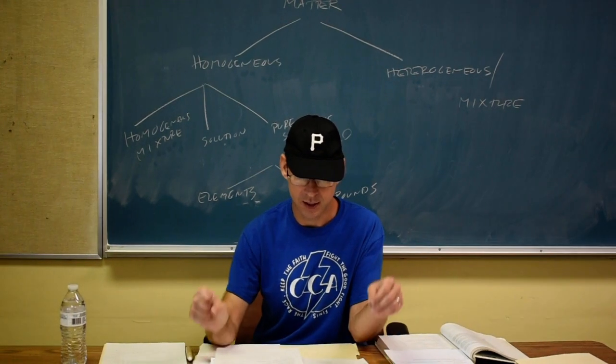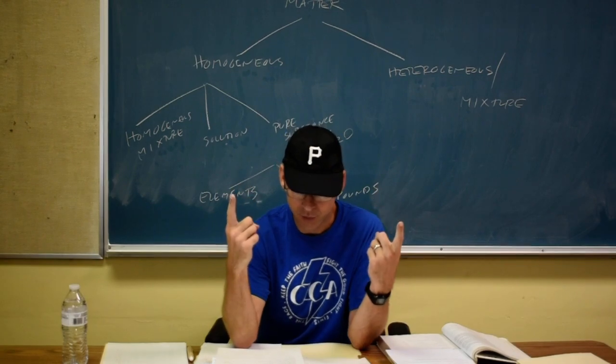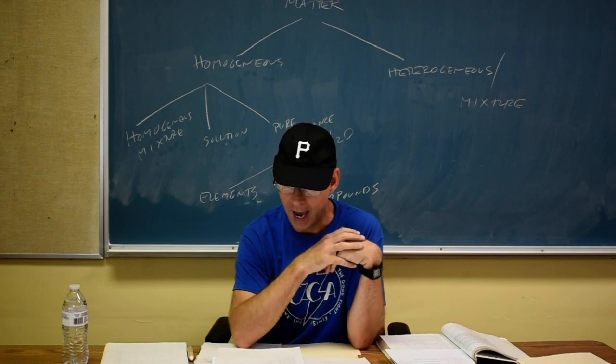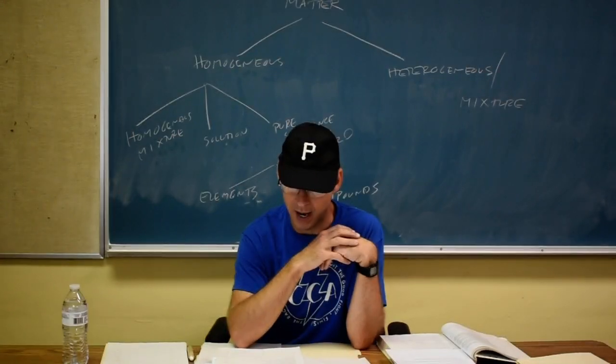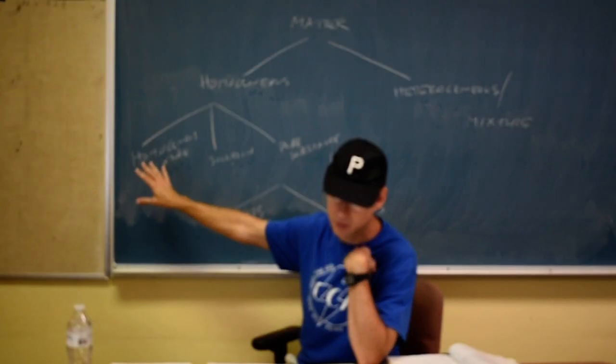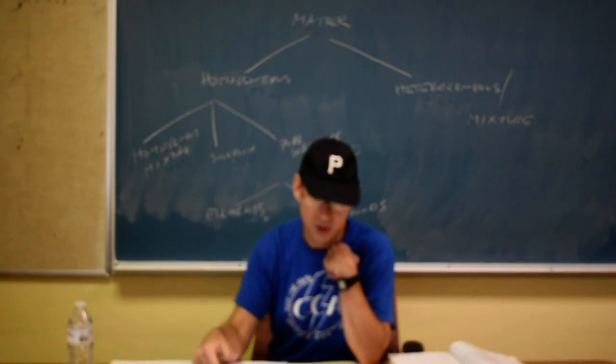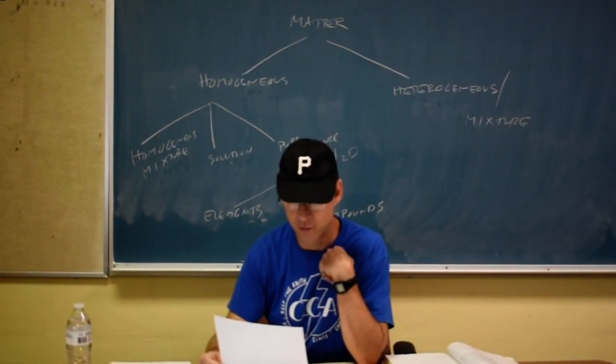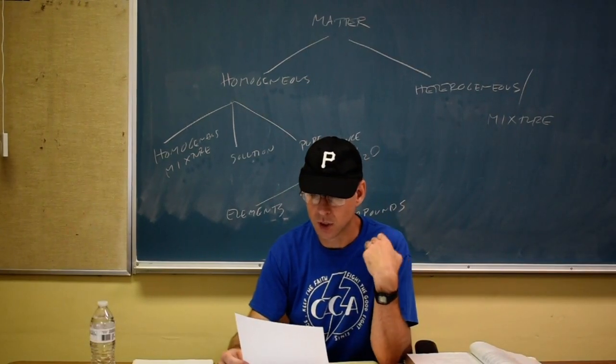Then there's a 9-point question instead of 5 through 7. Okay, so it'll say to do a name, to do a definition, and to give an example of the 3 categories of homogeneous matter. So you'd say homogeneous mixture is made of 2 or more pure substances whose proportions can be varied without limit. For example, air.